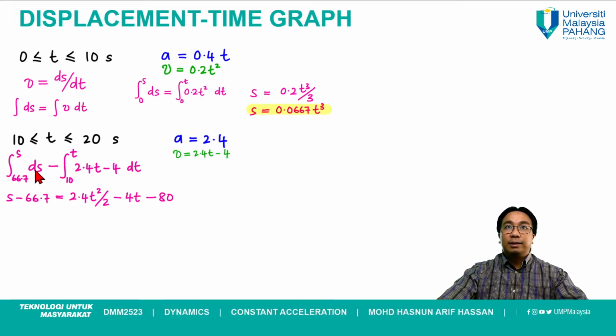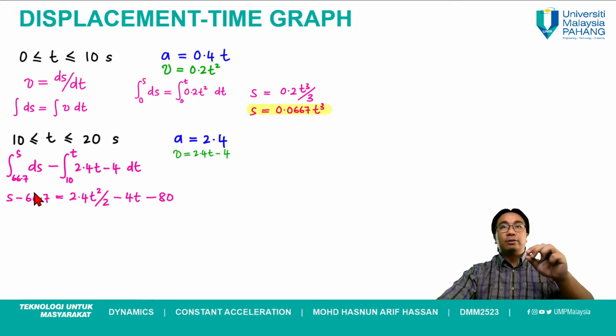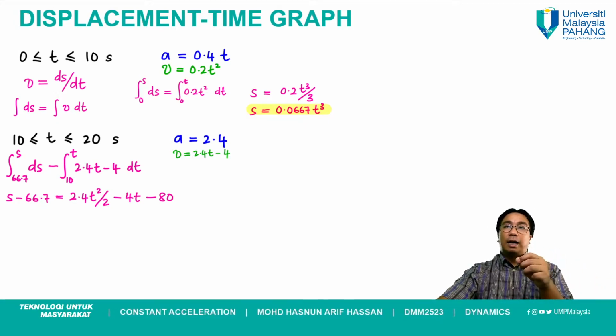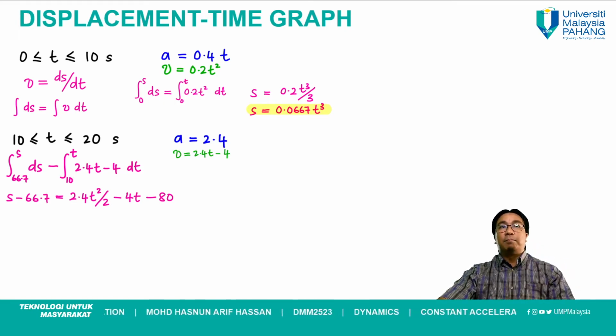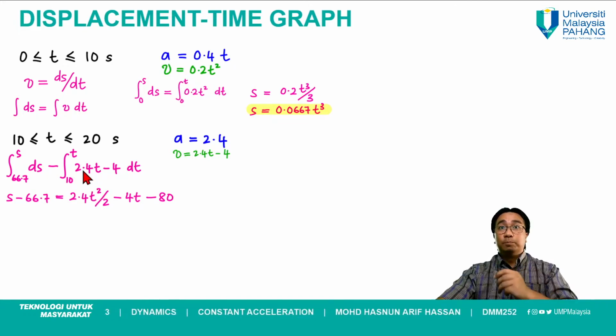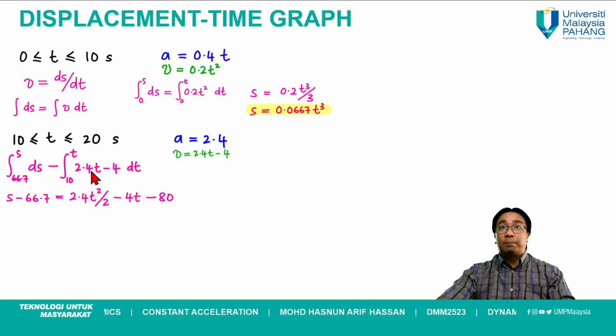Integrate yang ni, ds, you akan dapat S. And then you substitute the upper limit, S, minus substitute lower limit 66.7. So you dapat S minus 66.7 equal to 2.4t, you akan dapat 2.4t square bahagi 2. Okay, 2.4t square bahagi 2 minus 4 integrate dapat 4t.